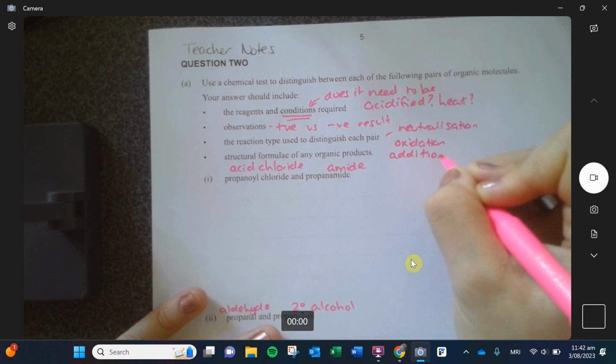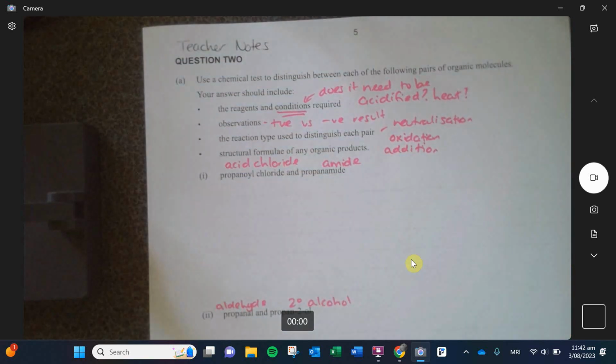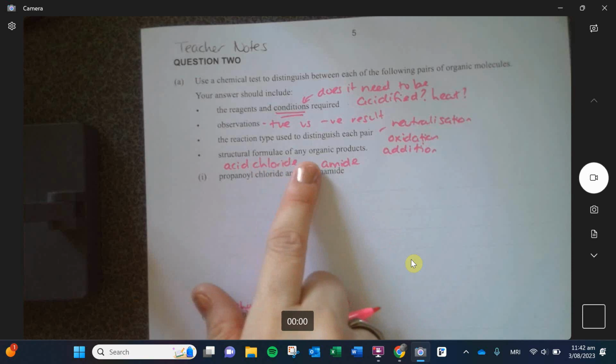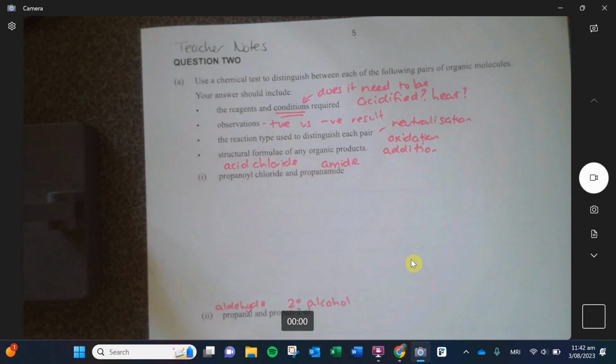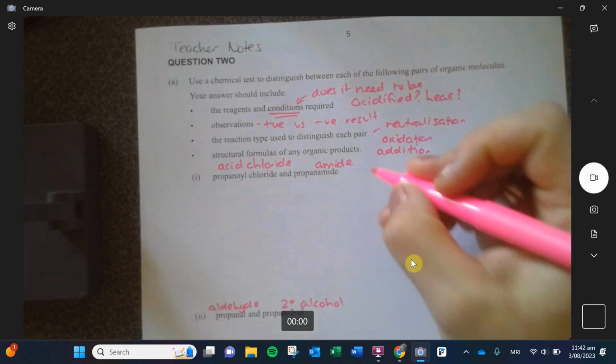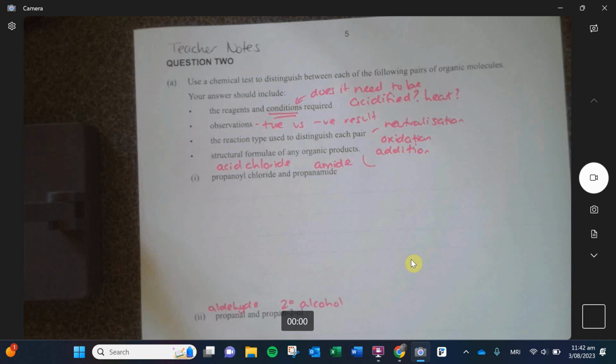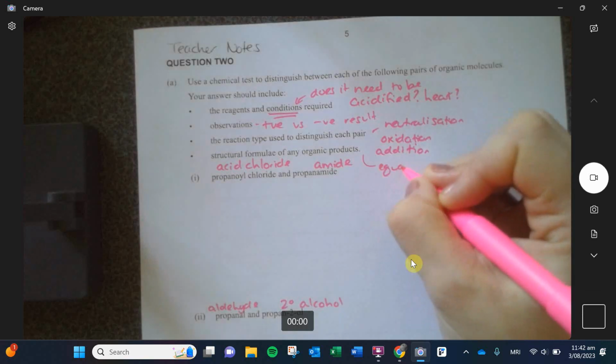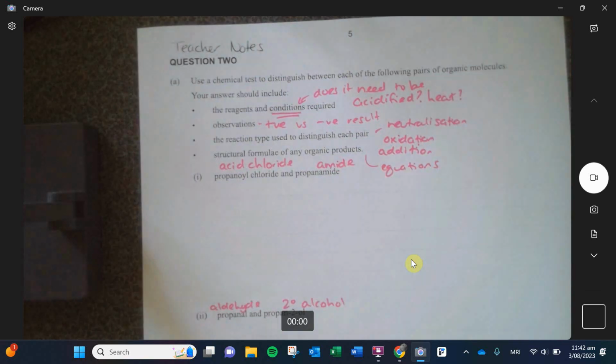That sort of stuff. And I'll talk about what each one of those means. And then the structural formula of any organic products. So making sure that we're writing, another way they ask that is by providing equations. All right, keep going.